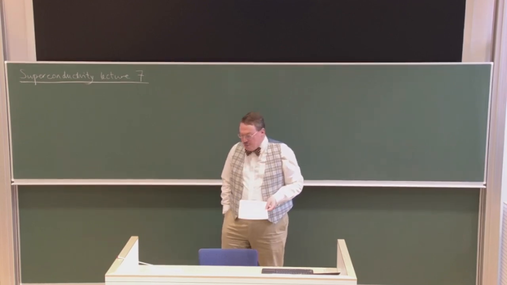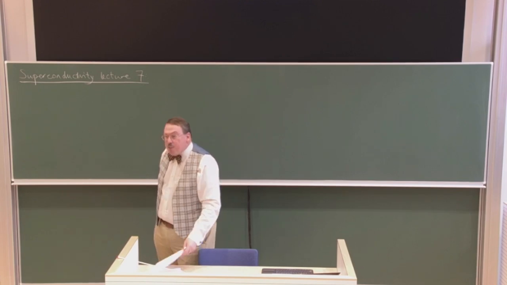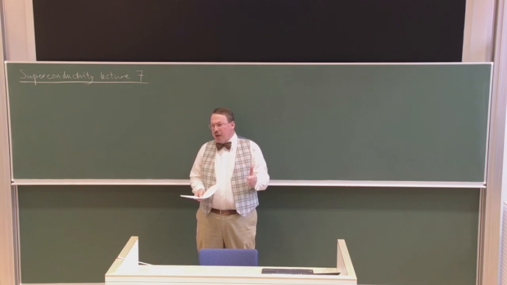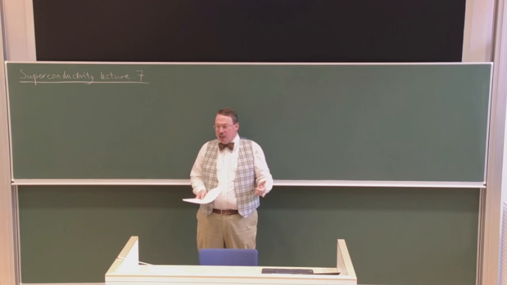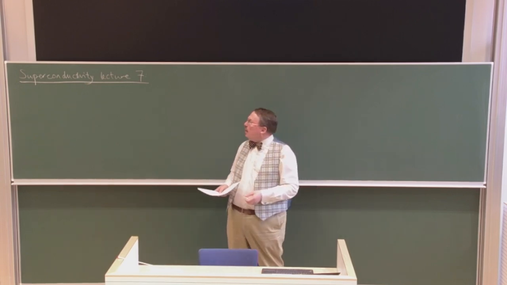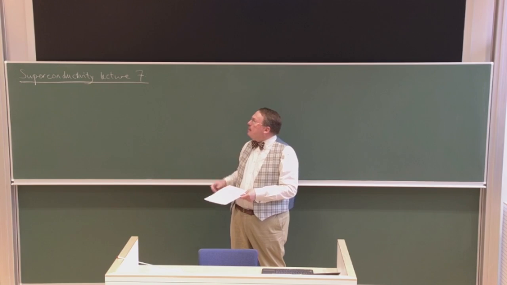So, just to remind you where we were with superconductivity, we talked about some of the broad phenomenology: flux expulsion, the anomaly in the specific heat capacity and the low temperature behavior, the fact that the superconducting phase is fully gapped, at least in the simplest cases, unlike the superfluid.